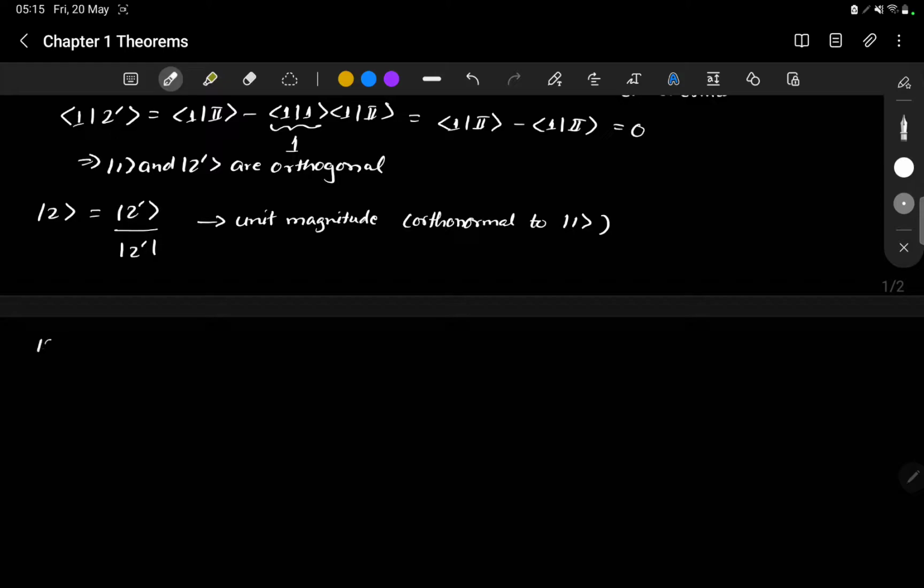For the third vector, consider the following. Take the third vector from the old basis, subtract from it the projection along the first vector, as well as subtract from it the projection along the second vector.